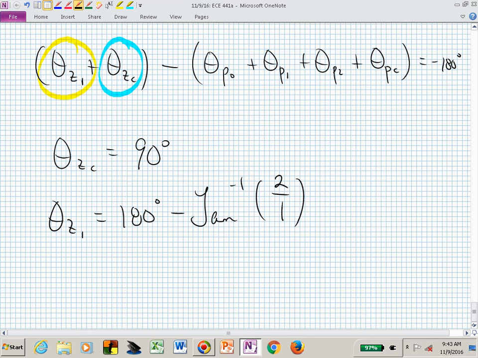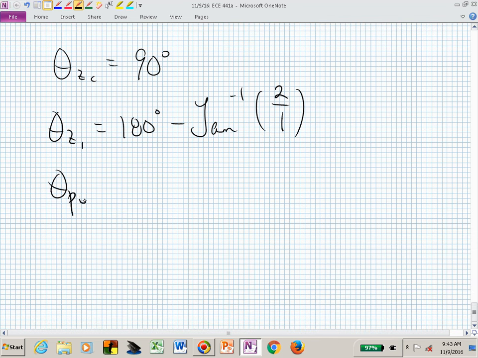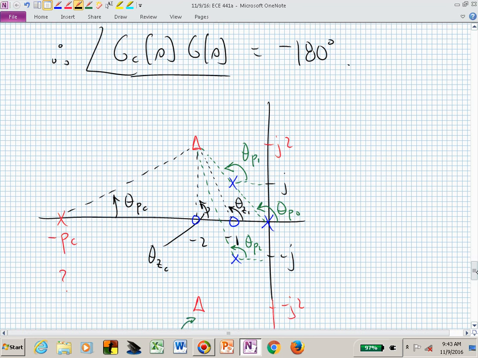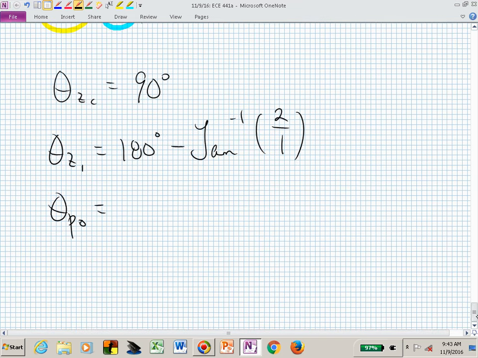What about the angle due to the pole at the origin? What's theta sub p sub 0? Now I'm going up 2 and over 2. That's 45, and I'm taking that away from 180. 135. Theta sub p sub 0 is 135 degrees.